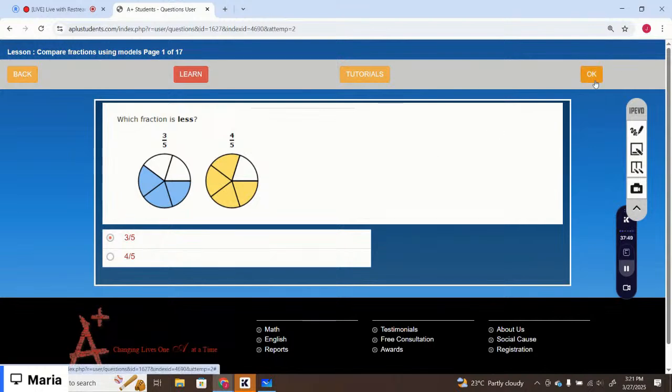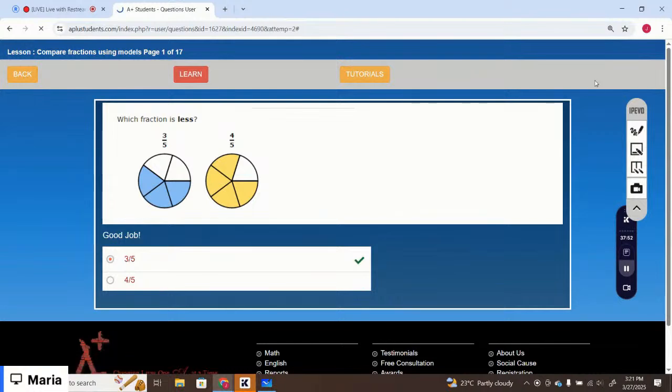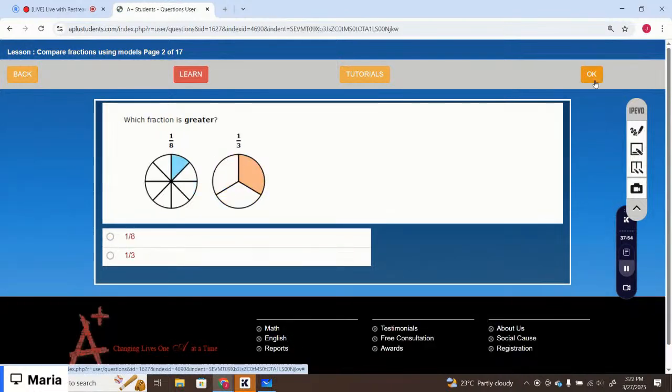Option number one is the correct option. So the greater one is 1/3.